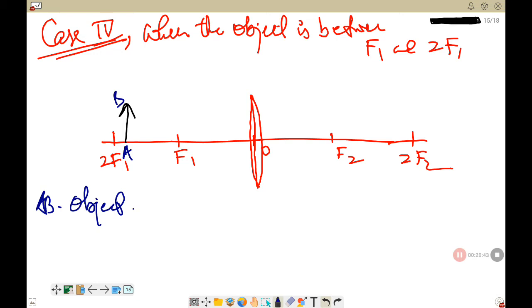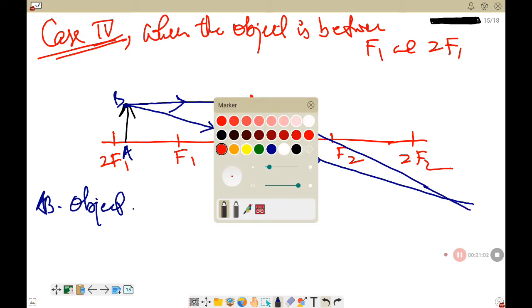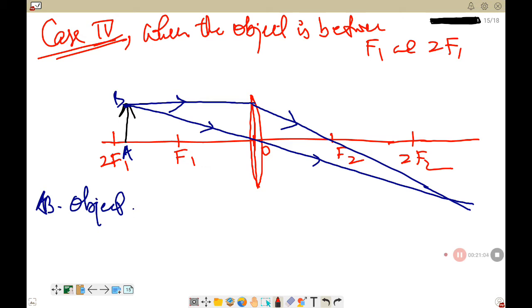So the first ray that I have to take is parallel to the principal axis. After refraction it will pass through the second focus. Same thing, second ray passes through the optical center. Yes, it passes undeviated. Let me extend the principal axis a little bit.